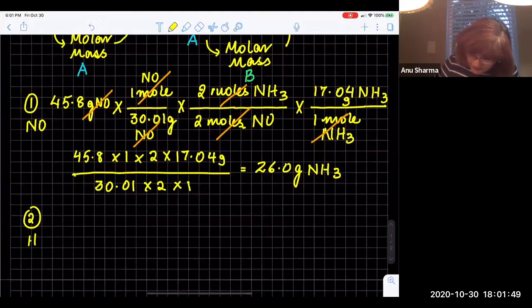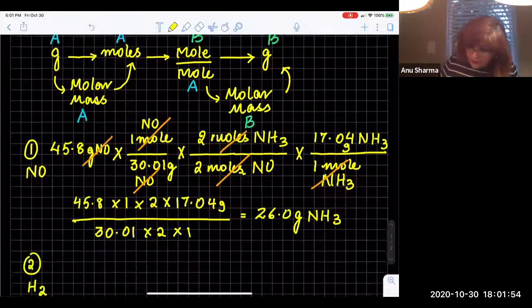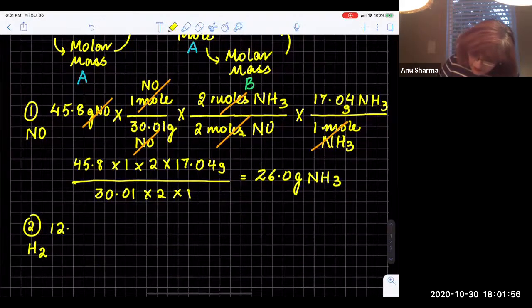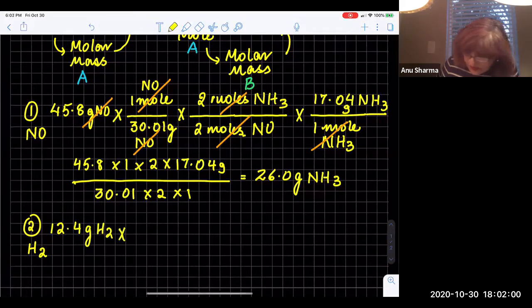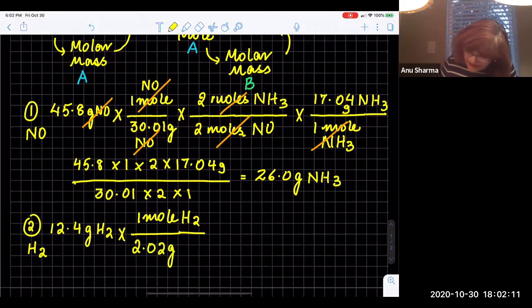So for hydrogen, you're going to take the amount given, which is 12.4 grams. First step is to convert it into moles. So we know that 1 mole of H2, so pay attention, it's H2, is 2.02 grams. That is the molar mass of hydrogen, H2.